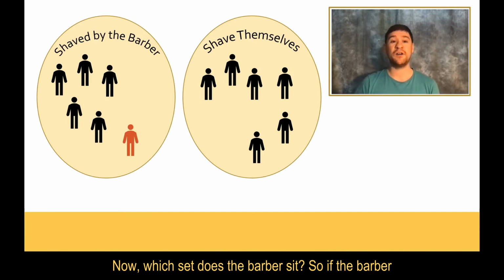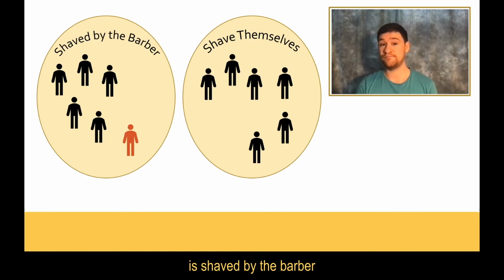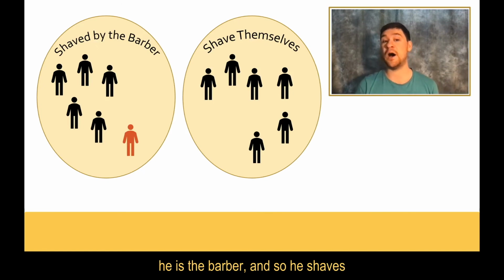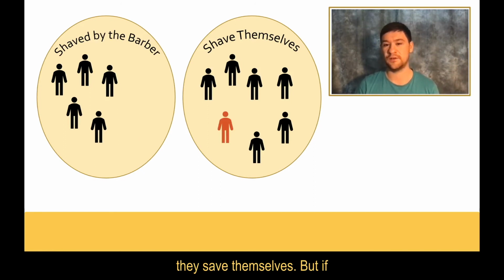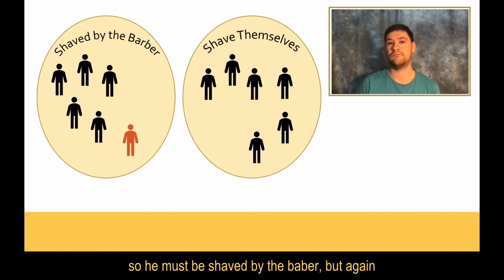So if the barber is shaved by the barber, then he is the barber, and so he shaves himself. So he must go into the set, they shave themselves. But if the barber shaves himself, then he is shaving the barber. So he must be shaved by the barber.